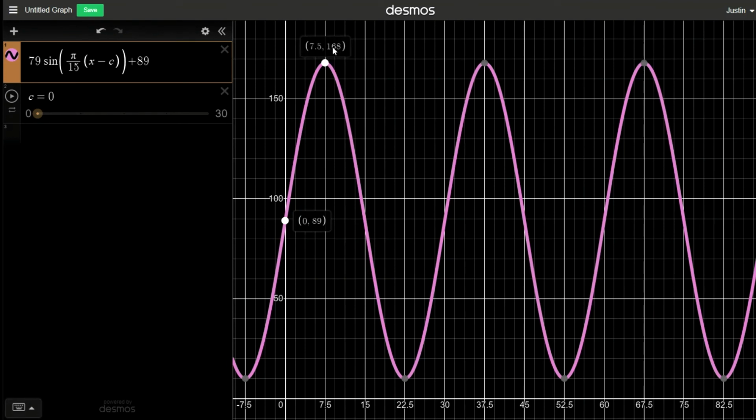It has a maximum value of 168 and a minimum value of 10. And something that you can see is that from one maximum to the other maximum is 30 minutes. So it has the right period, the right amplitude, the right maximums and minimums, and the right midline. It's exactly a model of the height over time as you go around the high roller Ferris wheel.